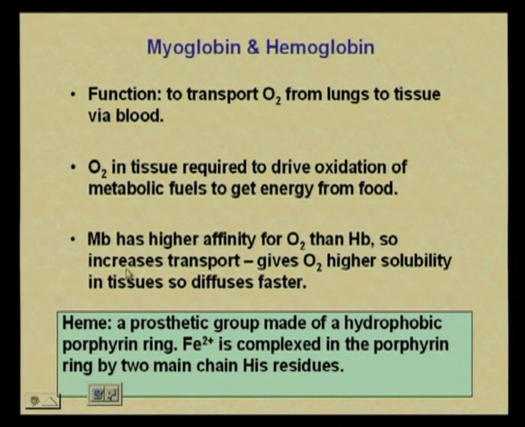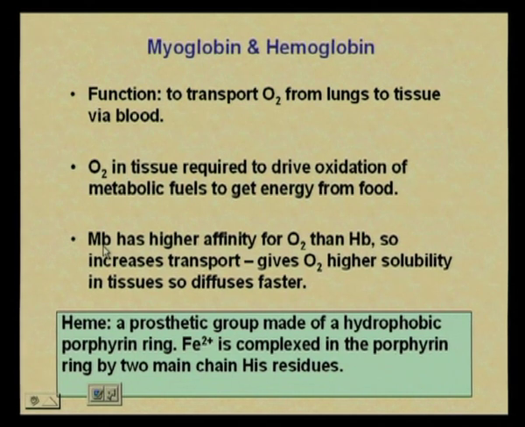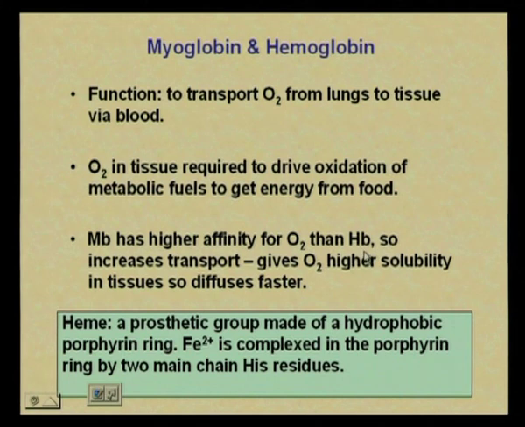Myoglobin has higher affinity for oxygen than hemoglobin, but the lower affinity of hemoglobin for oxygen is required because it is going to transport the oxygen. We will see how that works.